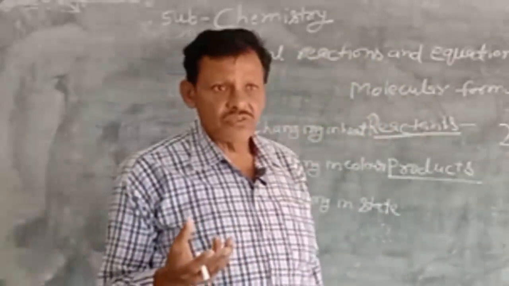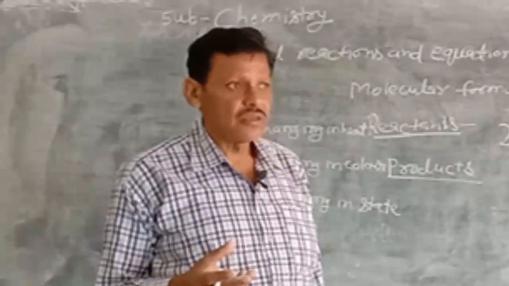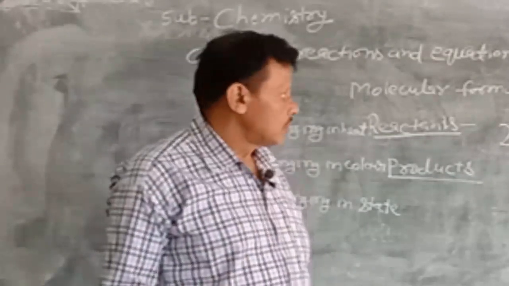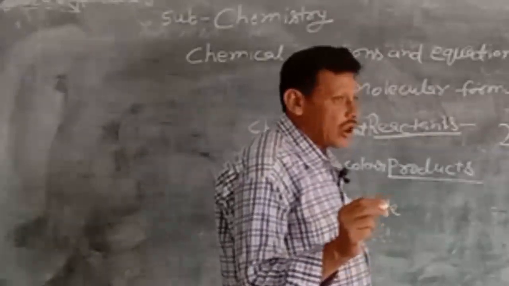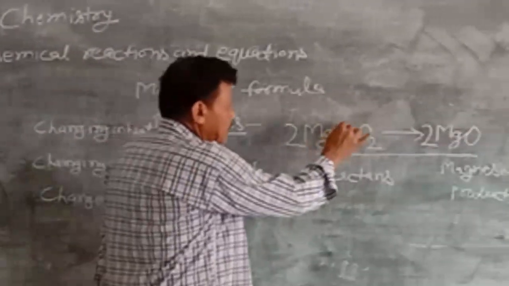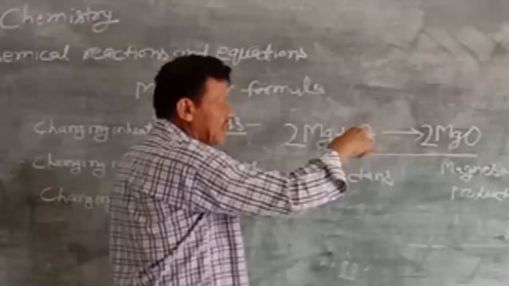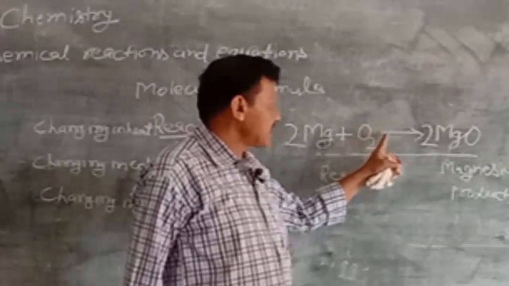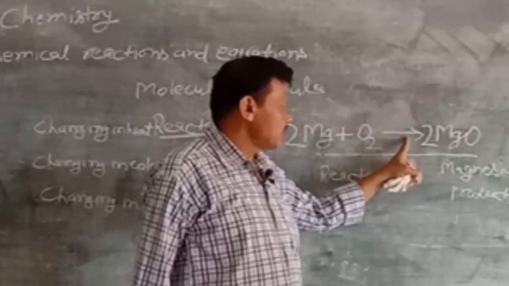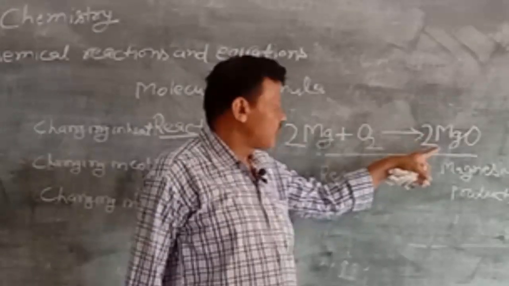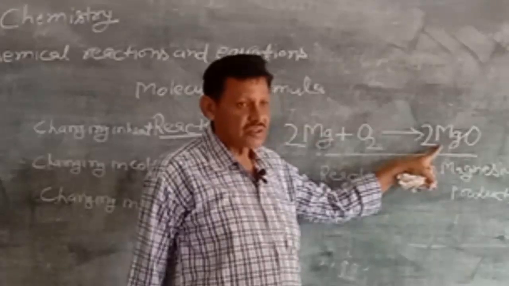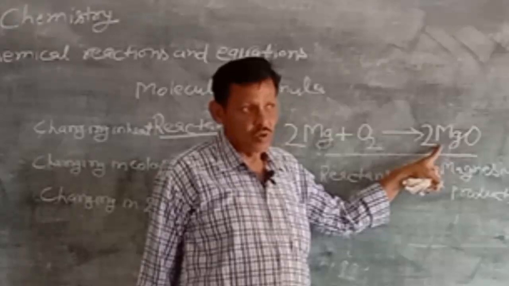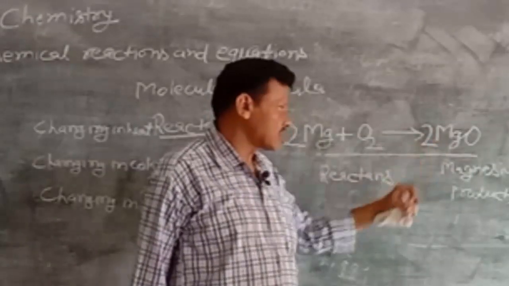Reactants may be single, double or more than double. Then we write the molecular formula of reactants, give plus signs, and after the reactants we put an arrow. Then we write the products. The substances which are formed after the reaction are called products.